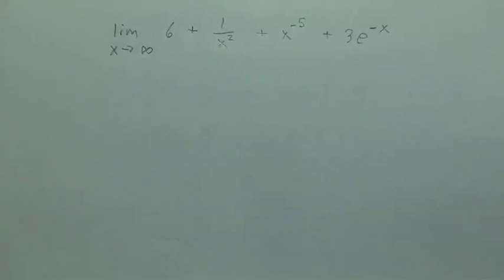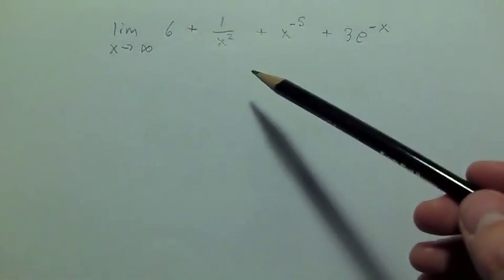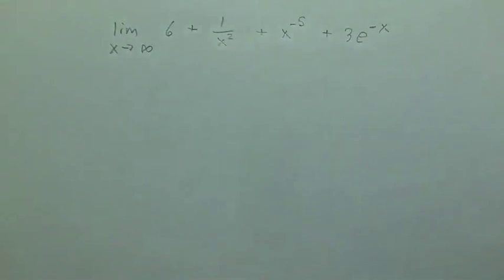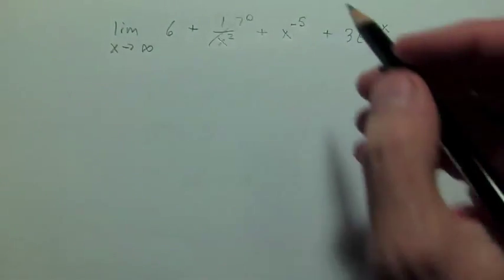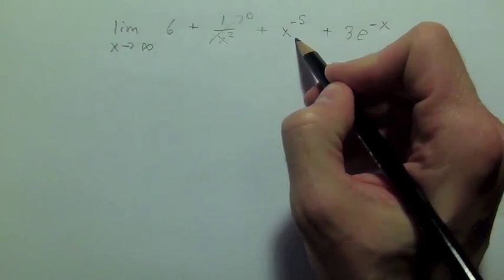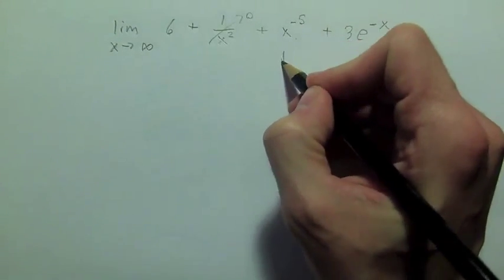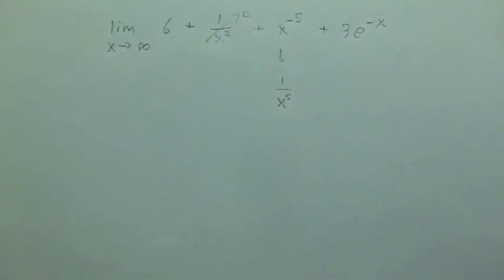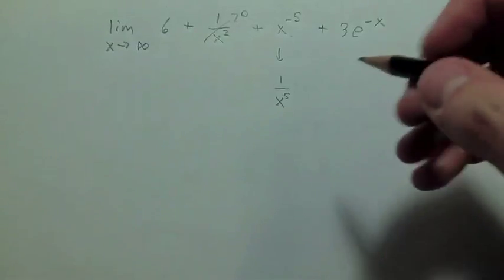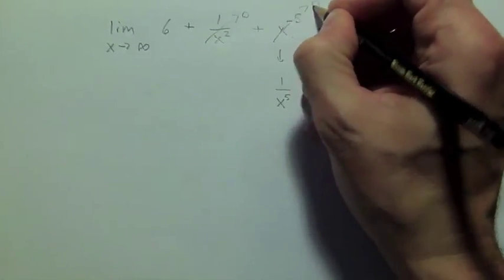Well, 1 over x squared as x goes to infinity, we know from what we've talked about that goes to 0. x to the negative 5 is the same thing as 1 over x to the 5th, just using our algebra. And so we know that goes to 0.